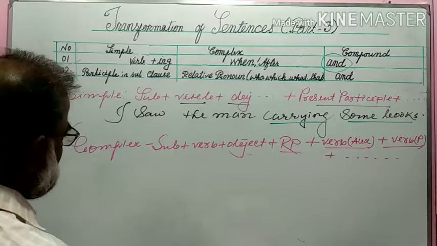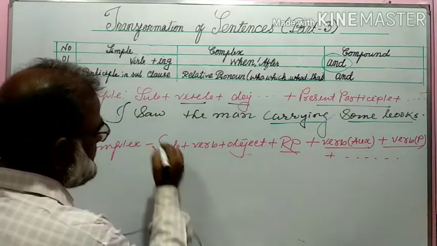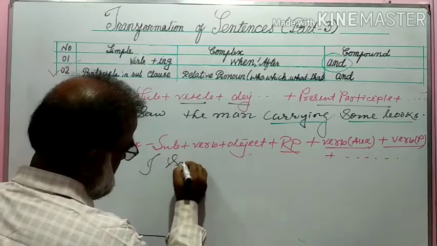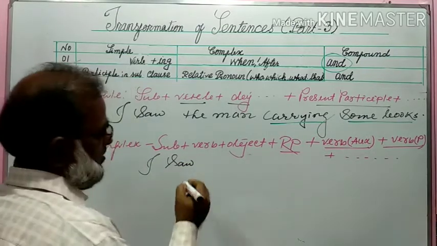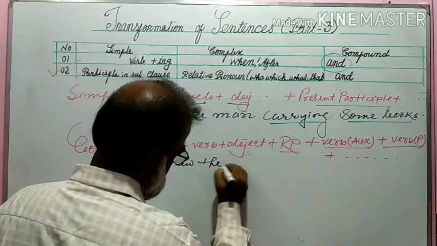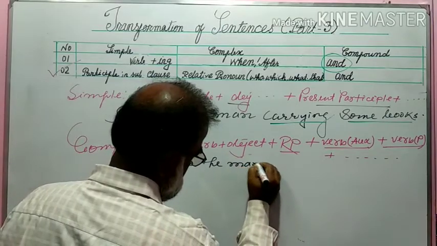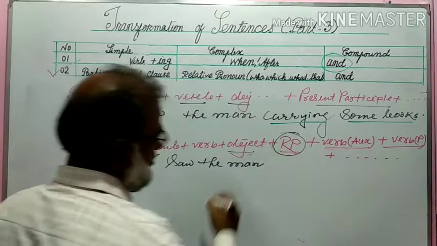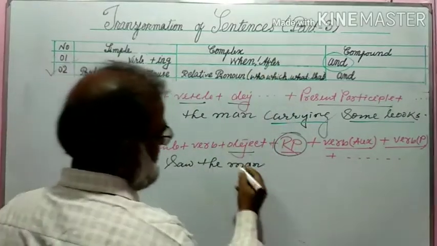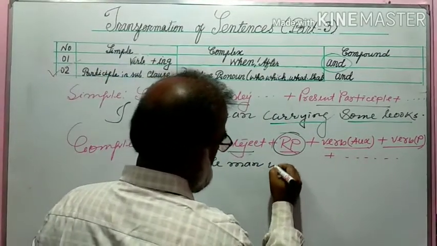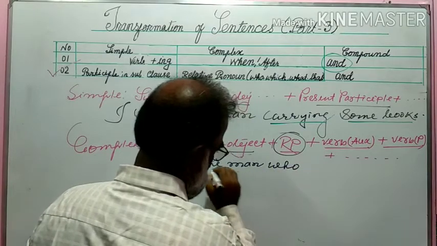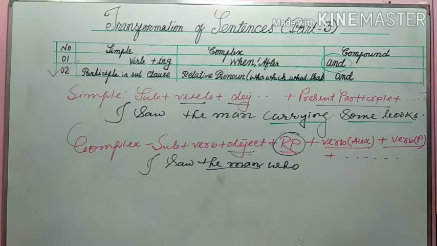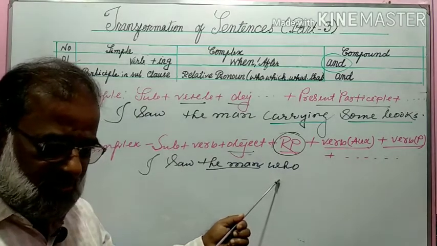You see the sentence, I saw the man, object, then relative pronoun, who. Here the antecedent is man, that is why the relative pronoun is who.